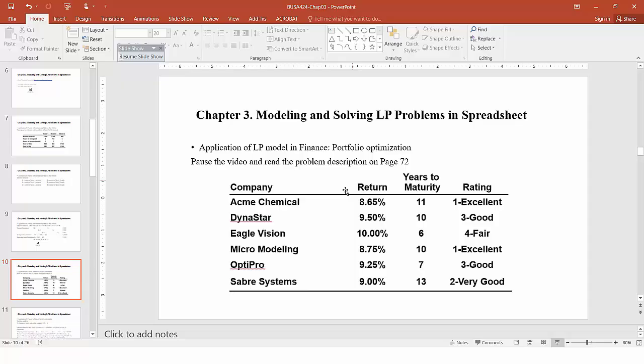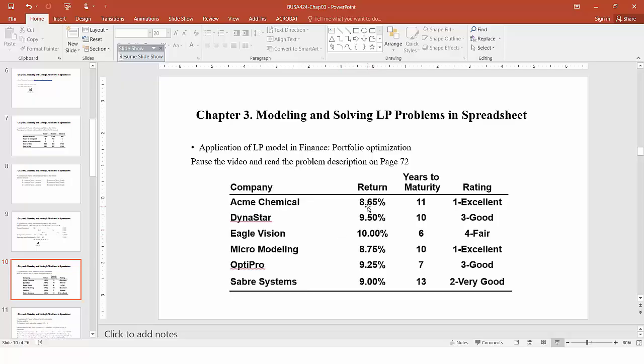And my objective function is that we want to maximize our return based on investment. So my objective function is multiplying this value times x1, which is the money I have invested in this asset, plus this percentage multiplied by the amount of money I invested in this company, and so on.